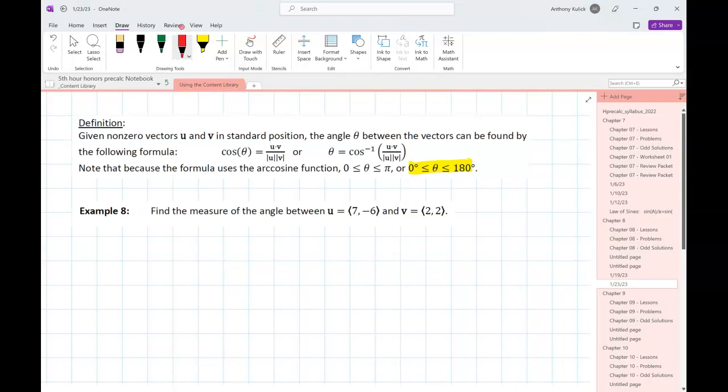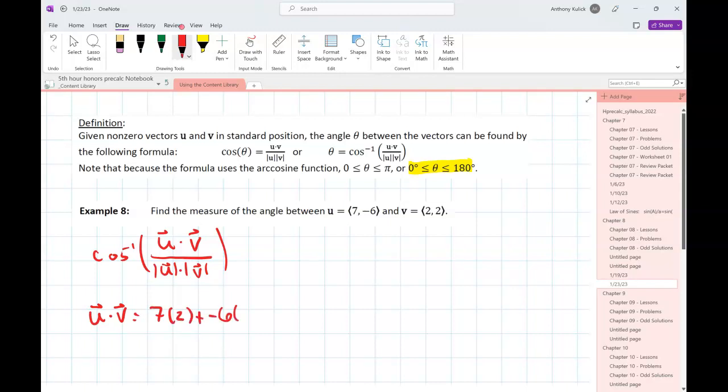There's three things I need for this calculation. I need to do u dot v. I'm going to need the magnitude of u and then the magnitude of v. So I'm just going to list these three things separately and then put it all together in the formula at the end.